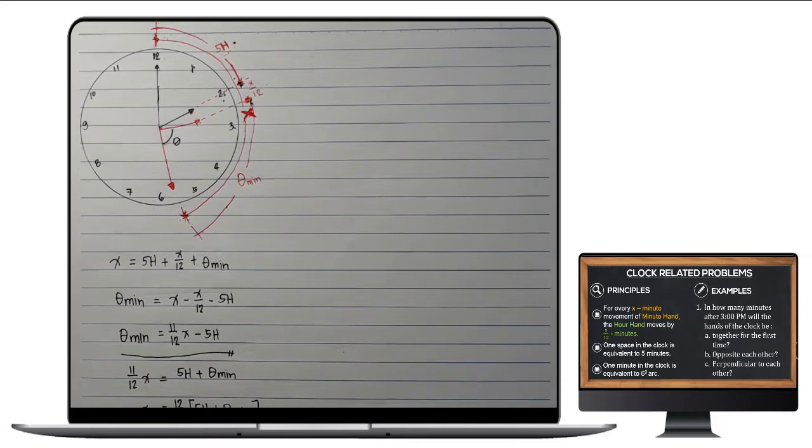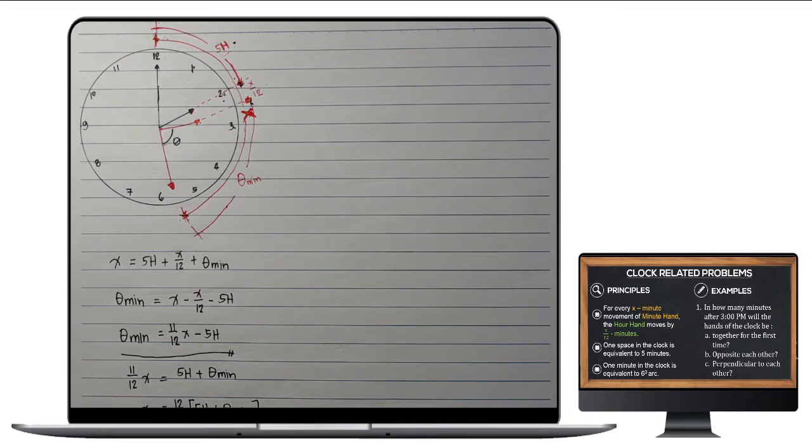Okay? So, you may use these formulas. However, on most cases, we are asked to find the exact time, what specific time or after how many minutes will the hands of the clock be displaced by a certain angle.